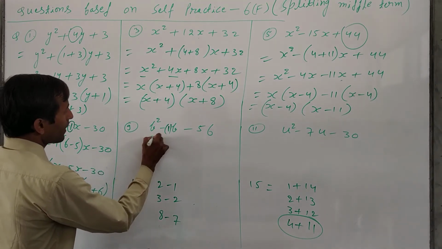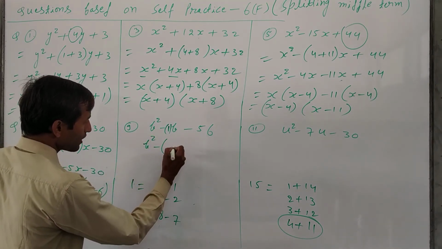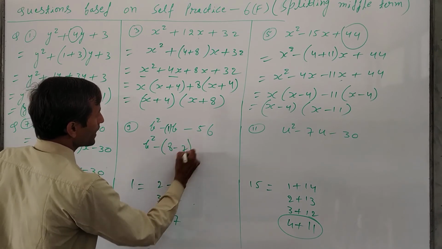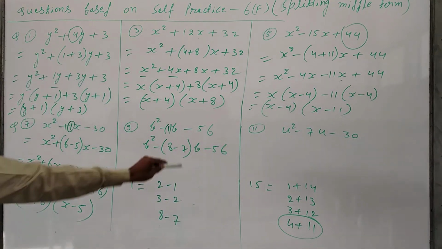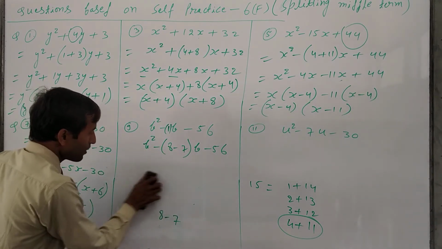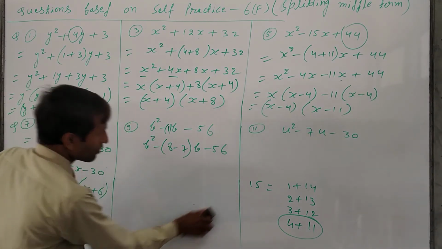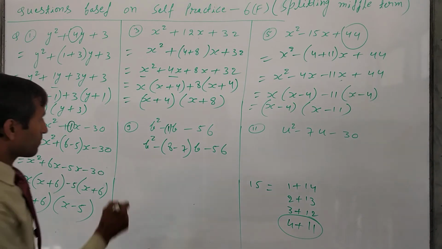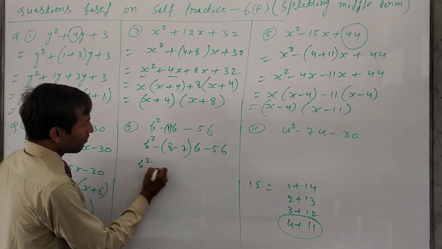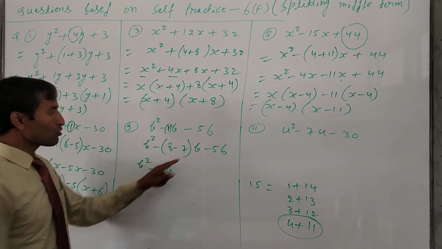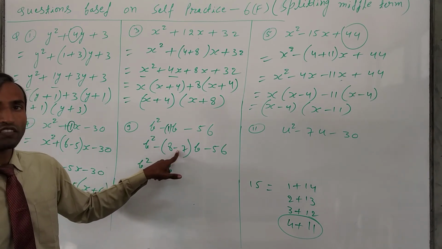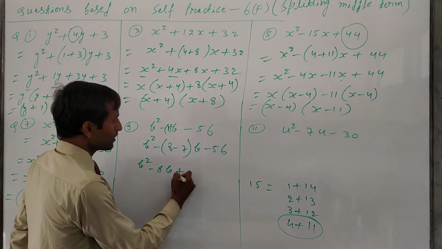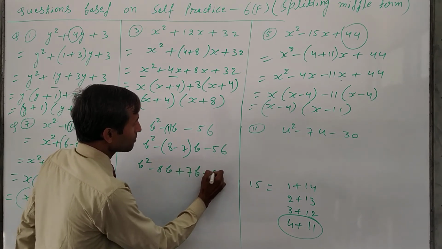So b square minus, in place of 1 just put 8 minus 7 into b minus 56. Now we have to multiply b in both the terms. Then we have to take common from the first two terms and the last two terms. So b square minus 8b. Just see, the minus sign is there, minus 8b. This minus will go inside, then minus b plus 7b minus 56.